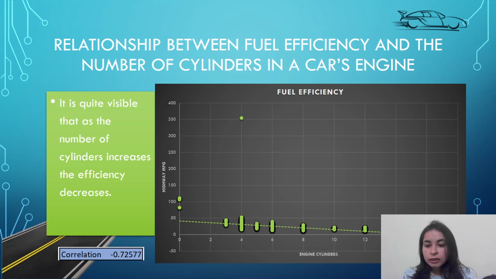So as the engine cylinders increase, the highway mpg decreases. That means as the cylinders increase, the power increases and the fuel efficiency decreases. So it has a negative relationship. We can also calculate a correlation of minus 0.72.